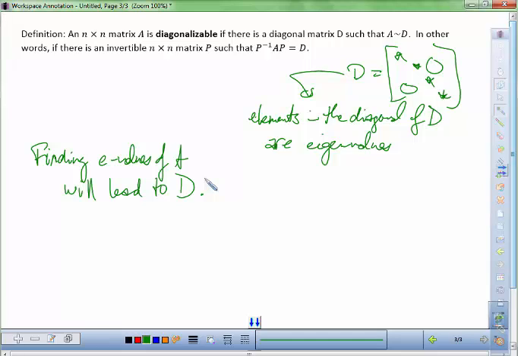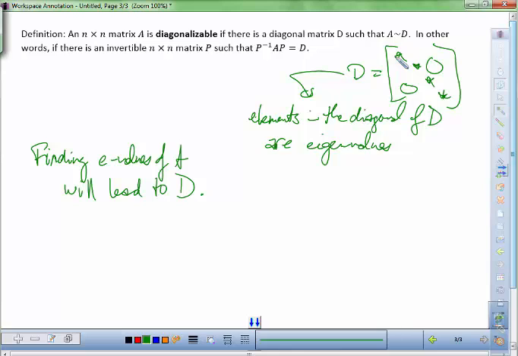And then the number of diagonals needs to equal n. So even if you have repeating eigenvalues, the algebraic multiplicity has to be the same as the geometric multiplicity.